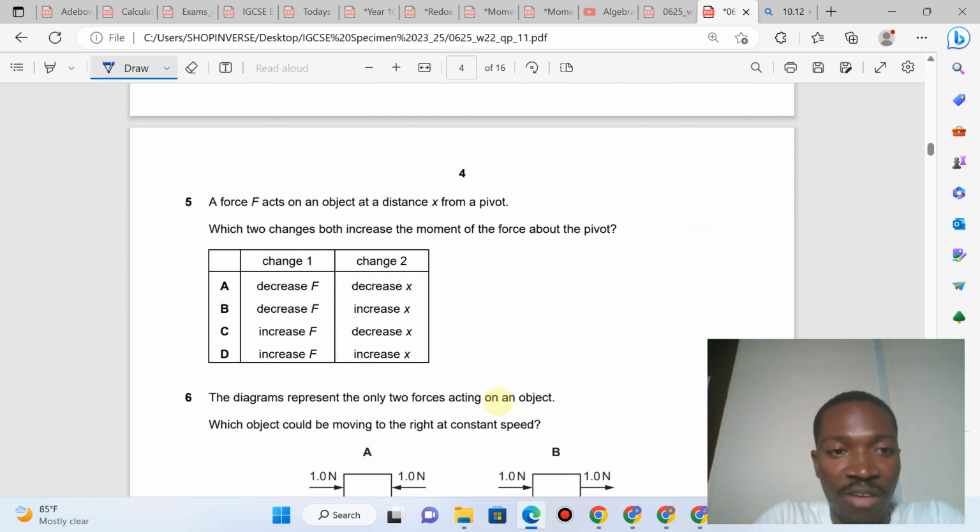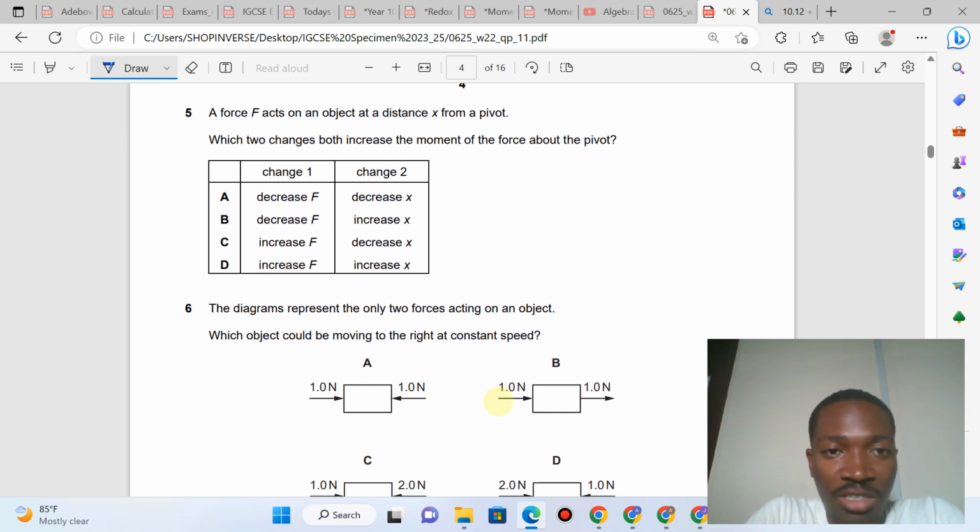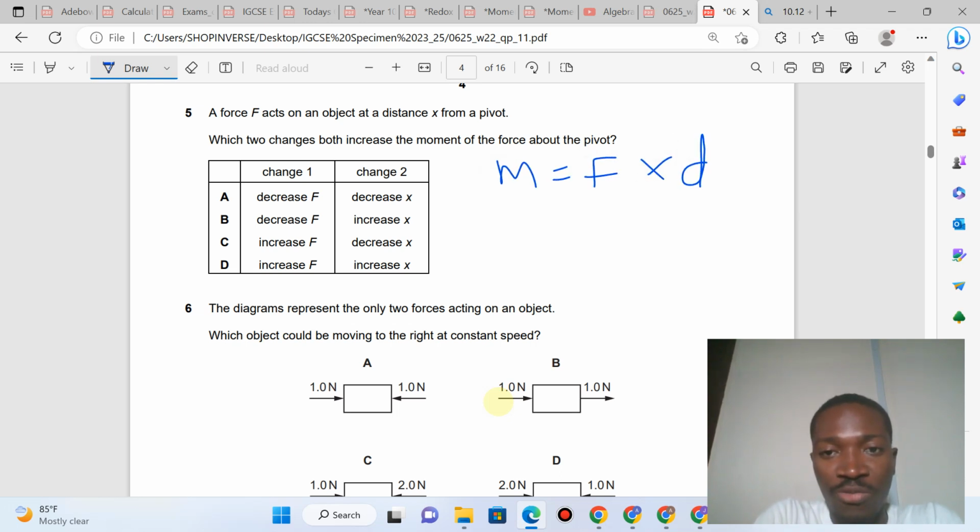Let's go to question 5. A force F acts on an object at a distance x from a pivot. Which two changes both increase the moment of the force about the pivot? Moment is equal to force multiplied by distance. So if force is increasing, the moment will increase.